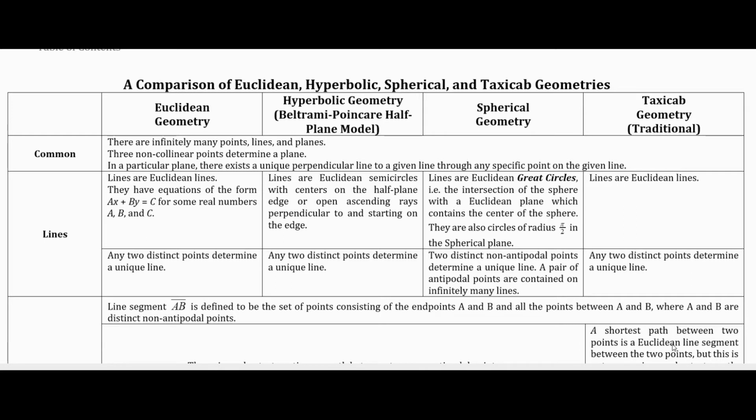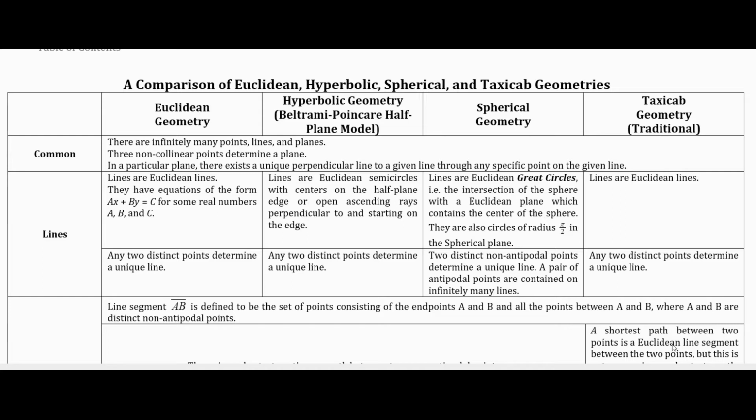What are lines? Well, Euclidean lines are Euclidean lines. You probably know what they look like. They have equations of the form ax + by = c for some real numbers a, b, and c, and any two distinct points determine a unique line. In hyperbolic geometry, there are two types of lines. Lines are Euclidean semicircles with centers on the half-plane edge, with open endpoints that are also on the edge.